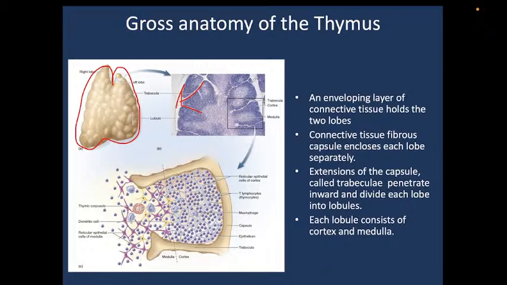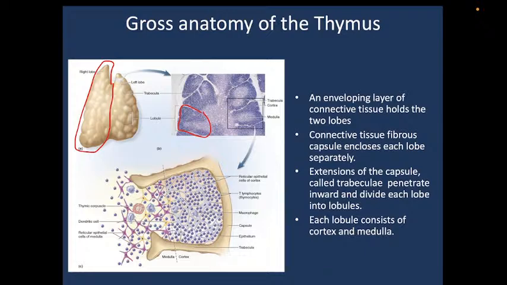Let me explain that graphically. This is a lobe, and inside the lobe we could find lobules with the border of trabeculae. Trabeculae are part of the connective tissue capsule.